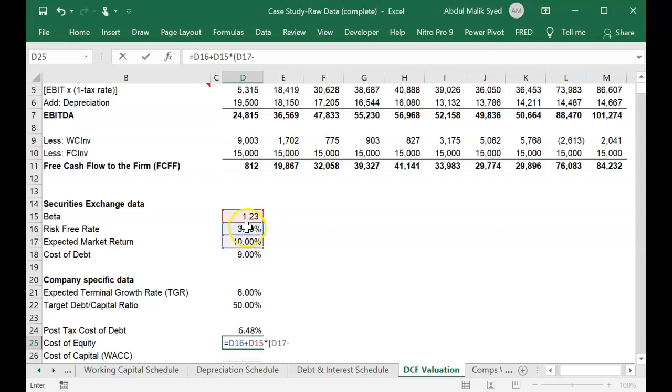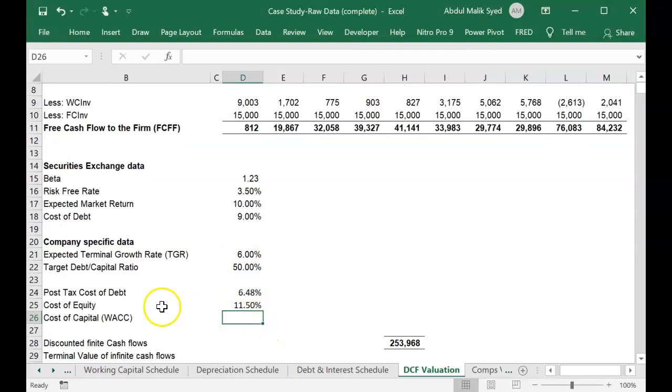If we want to take into account the size of the firm, that also we can do, but here we are just taking the original CAPM formula. So the cost of equity we got based on the CAPM model.